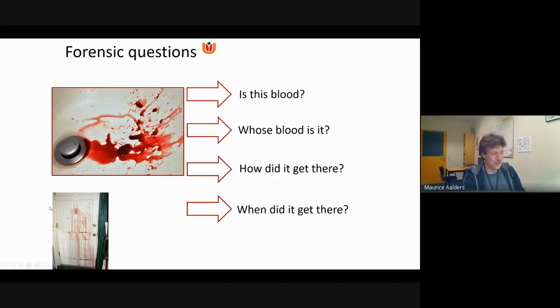Well, you can usually use blood spatter patterns. You can distinguish between an arterial bleeding, or you can see if it was an active stain, a high impact stain, or a low impact stain, and how many times people were hitting that particular person, based on the blood spatter patterns. But when, that's a problem.